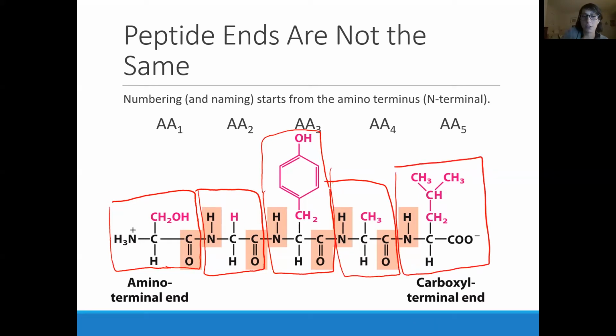But generally, the structure of the amino acid is the same. You can see where the central carbon is. You can see the hydrogen that all amino acids have. You can see where the amino group is. You can see where the carboxyl group is.